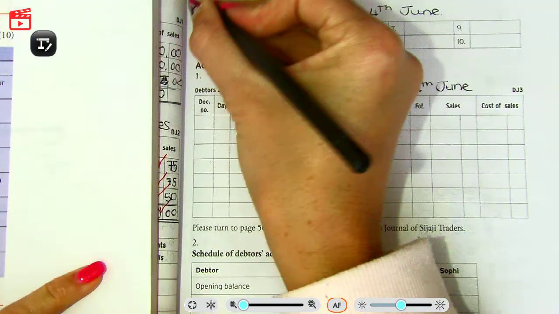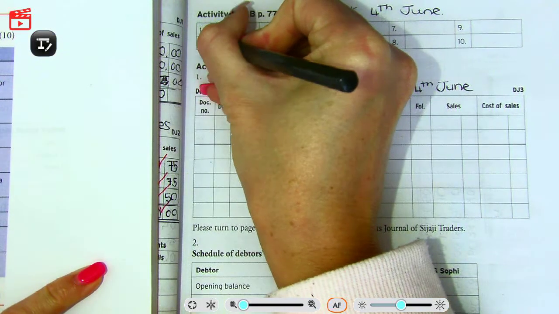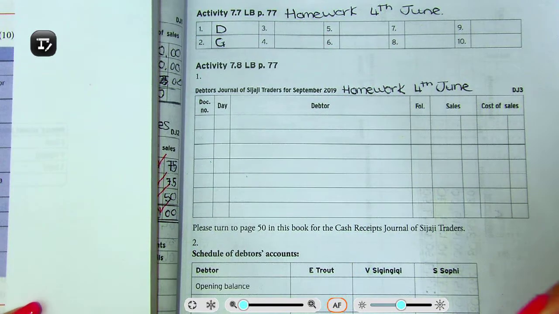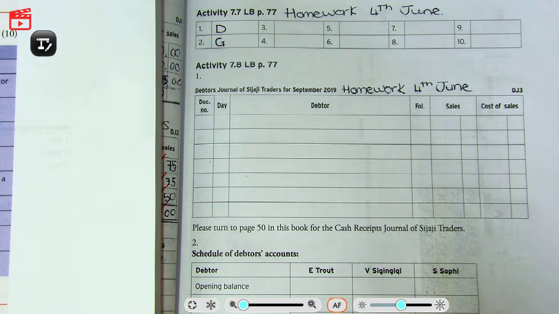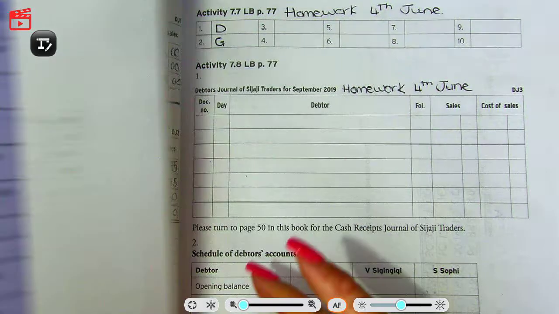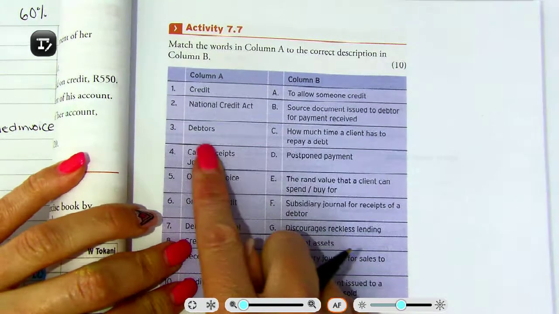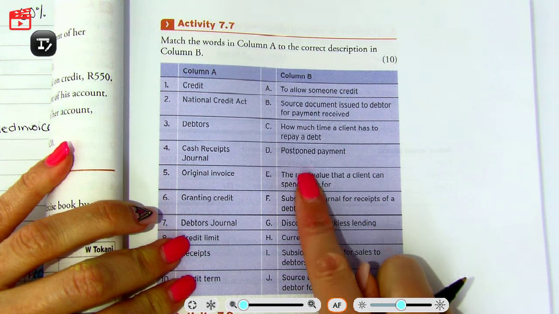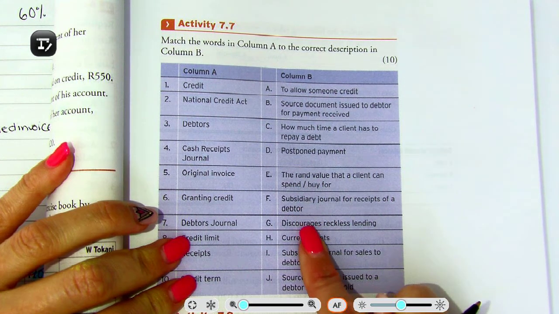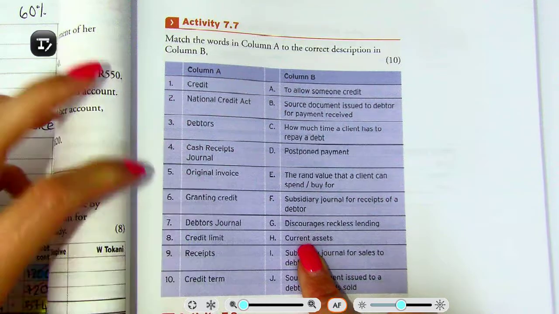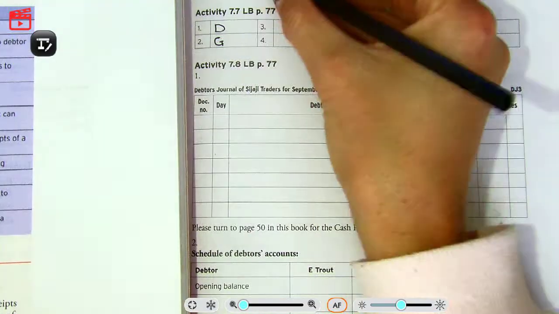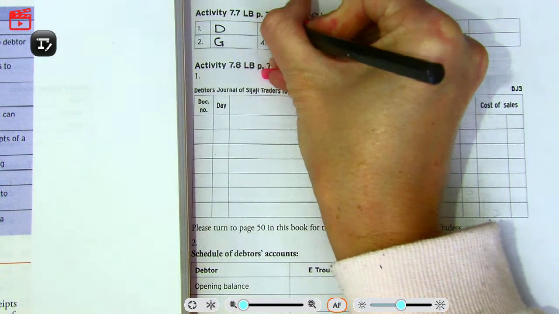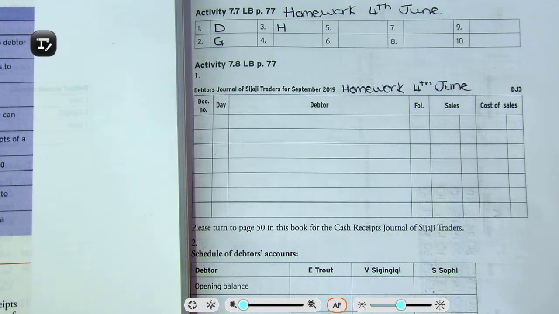G. Number 3 is debtors. I would say the answer there is H. Debtors are current assets. H. Number 4, cash receipts journal.